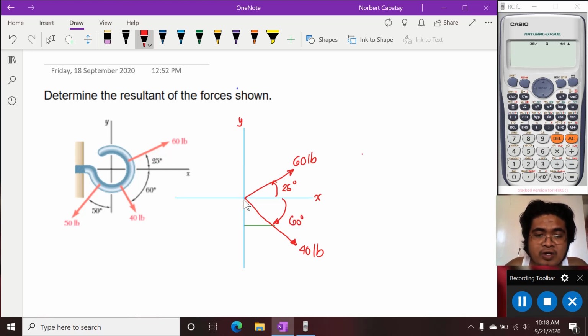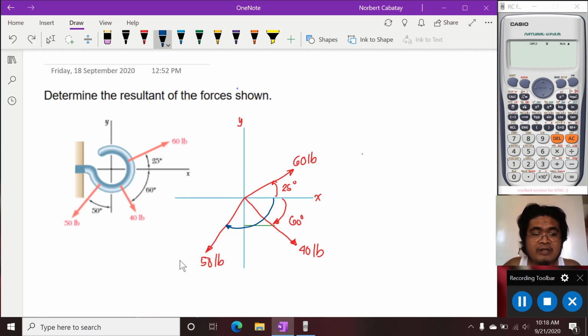And another force, 50 pounds, measured from the positive x-axis at an angle of how much? It's 90 plus 50, so that is 140, positive 140 degrees.